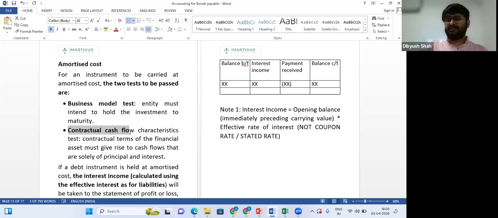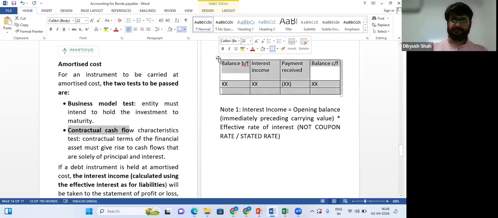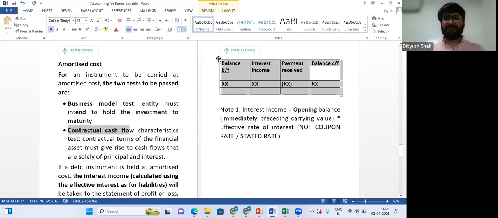And cash received is generally reduced from the asset in the balance sheet. So this is the table we will follow, and effectively the same table is followed in bonds payable as well. You have the opening balance, that is balance brought forward. You have interest income.